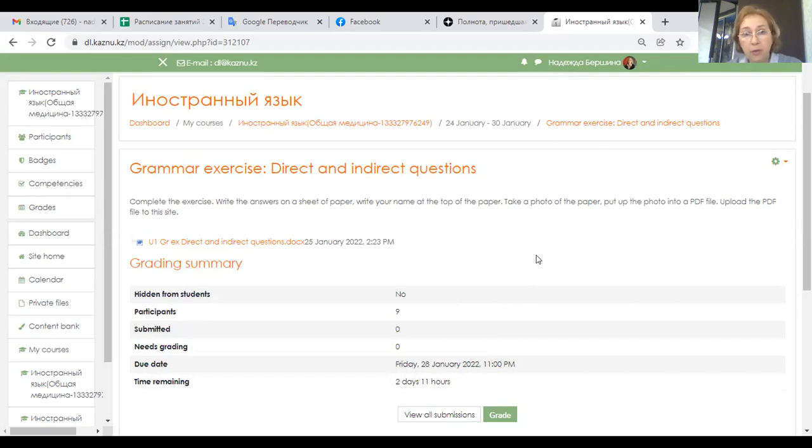So you should write it yourself, so I can see that this is your handwriting, and don't forget to write your name at the top of the paper. Okay, thanks, Doctor. And then you can easily take the photo and change it into PDF form. Any other questions?